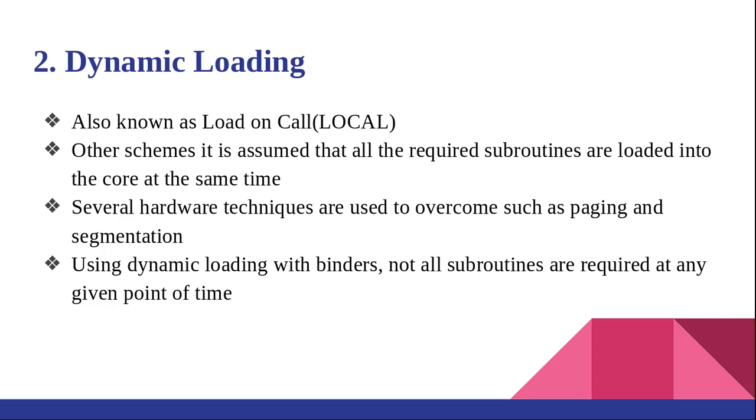If that particular subroutine is not loaded into the core memory, control will transfer to the loader. Then the loader will load that subroutine into the core memory at the time of execution, and it won't load the remaining subroutines. So whenever we want to execute a particular subroutine, only at that time we load it, and we don't load the remaining subroutines. That is called dynamic loading.